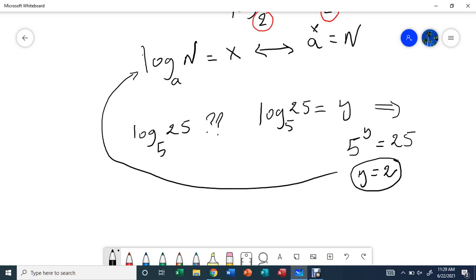So now let's do some examples where you're gonna use one or more of these rules.